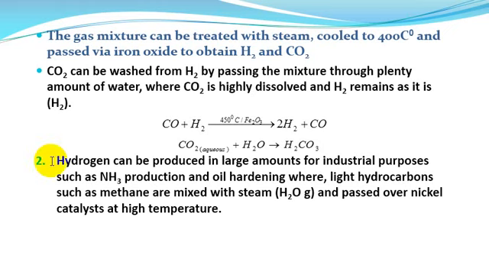Hydrogen can also be produced in large amounts for industrial purposes, such as ammonia production, hydrogen chloride, or the hardening of oils.